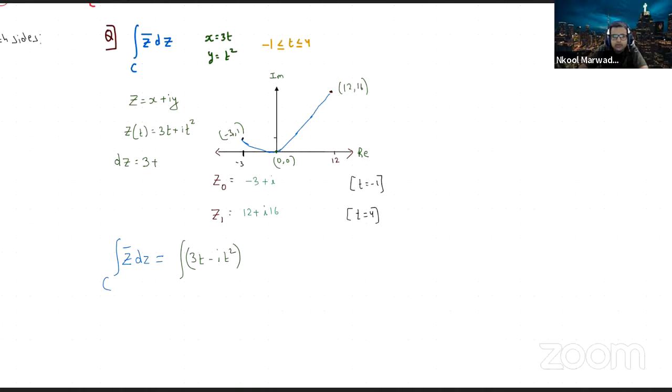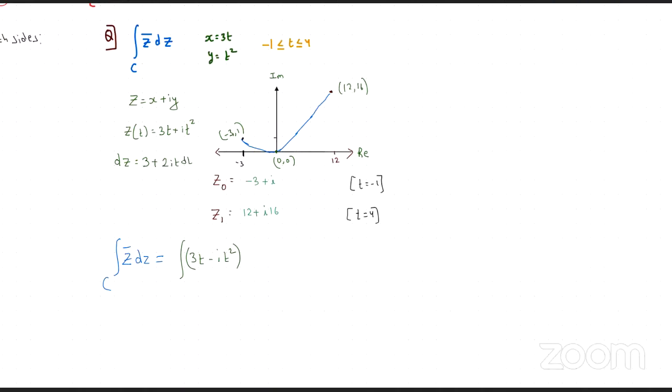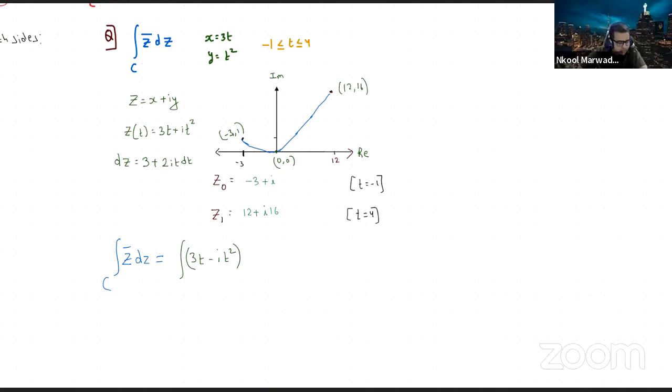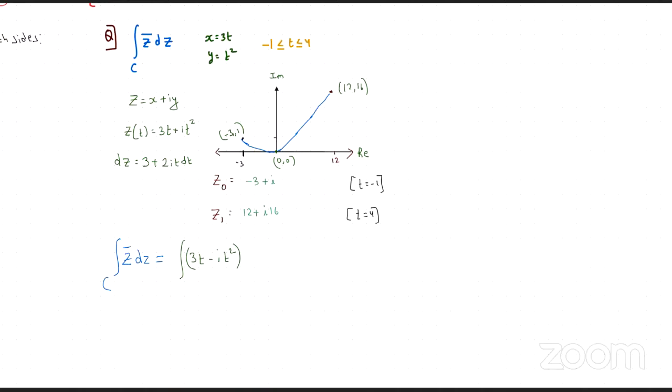Whatever z we have, we differentiate z with respect to t, dz by dt.